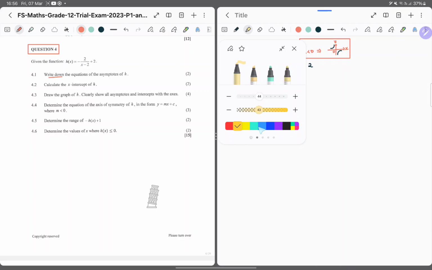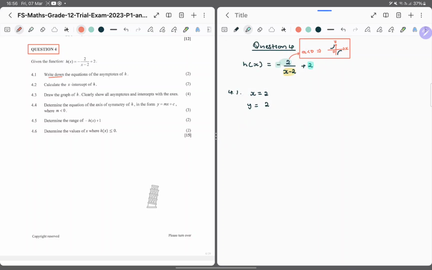We take that 2 as it appears on our equation. So if it is positive, it's 2. So that constant right there will always be the horizontal asymptote. And the vertical asymptote is taken from the denominator being equated to 0 and solving for x. And it gives us x is equal to 2. So those are easy 2 marks.